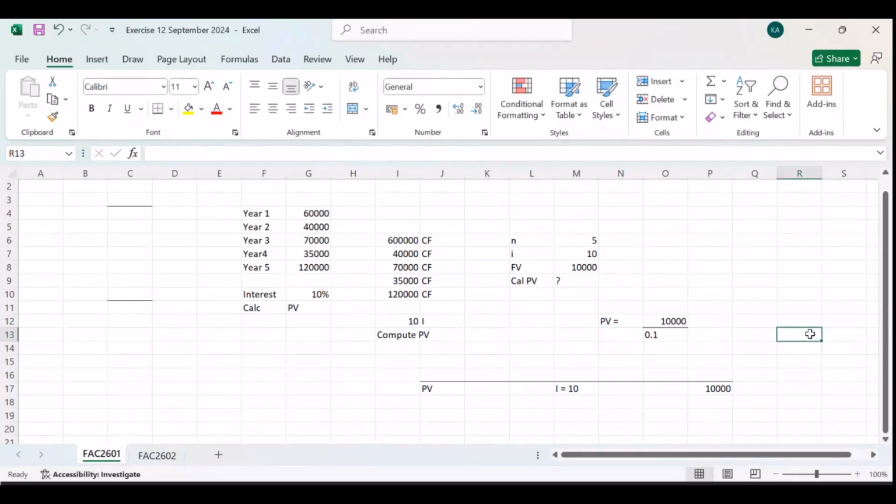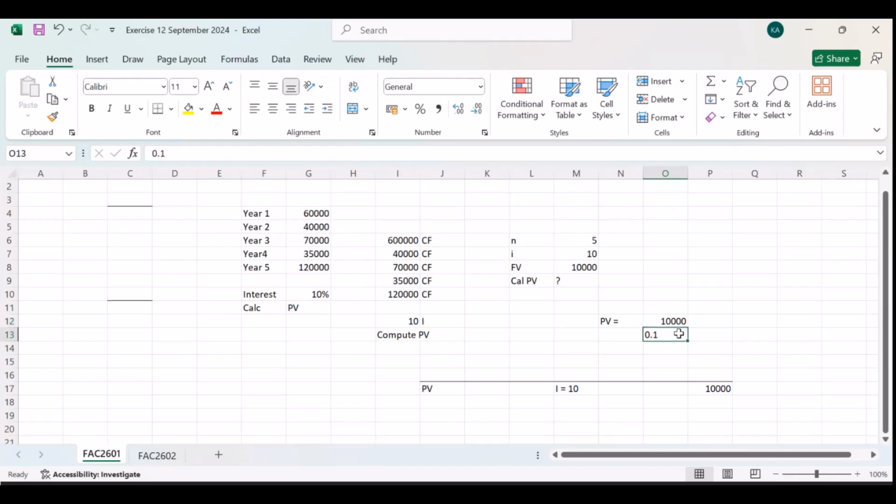The financial calculator does it very quickly, because all you need to do is input n equals 5, I equals 10, future value is 10,000, and compute PV to give you your present value. But if you want to calculate it mathematically, it's like this.